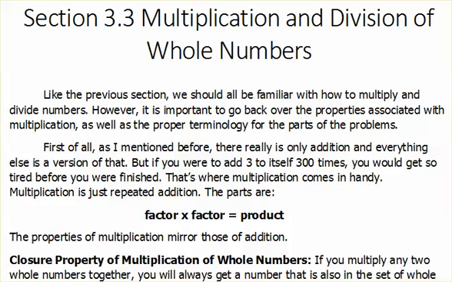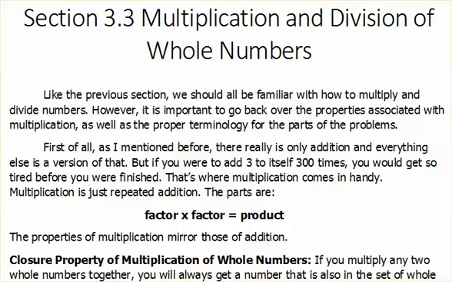But if you needed to add 3 plus 3 plus 3 plus 3 plus 3 plus 3 plus 3, 300 times, you would get so frustrated before you were finished that you just would stop. So this is where multiplication comes into play, and it's a shortcut for doing all that addition.